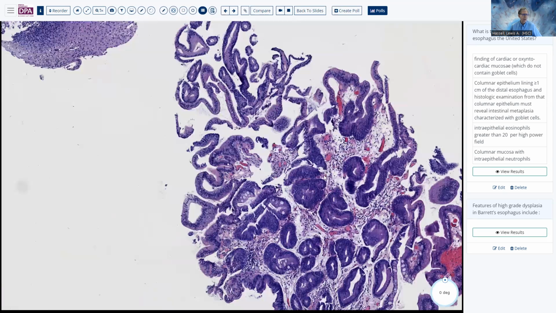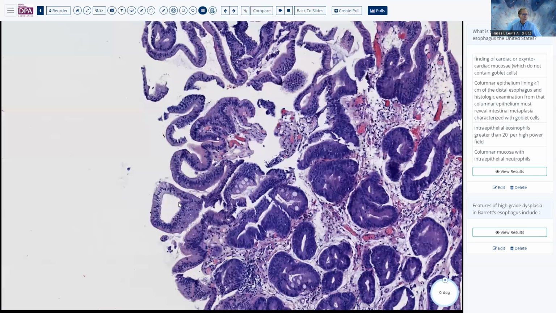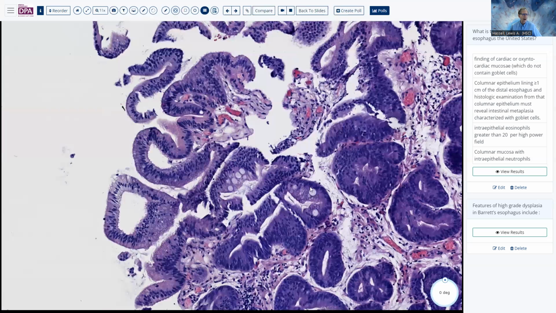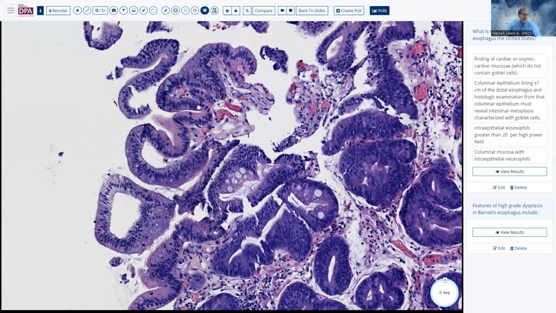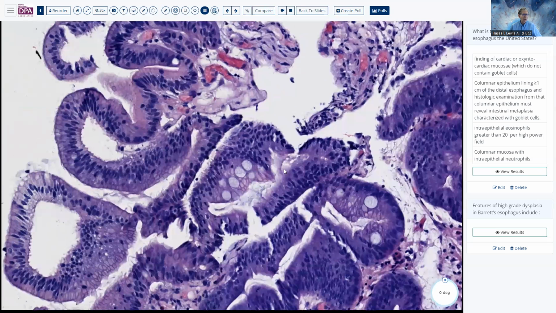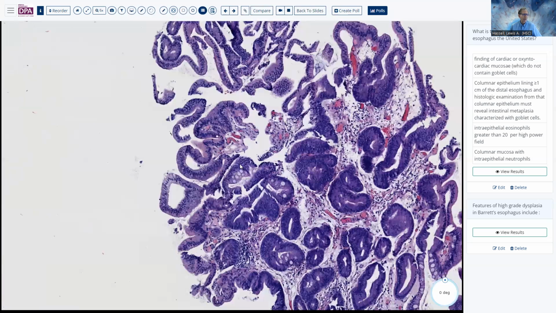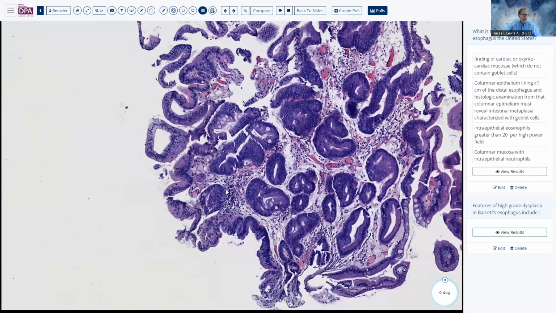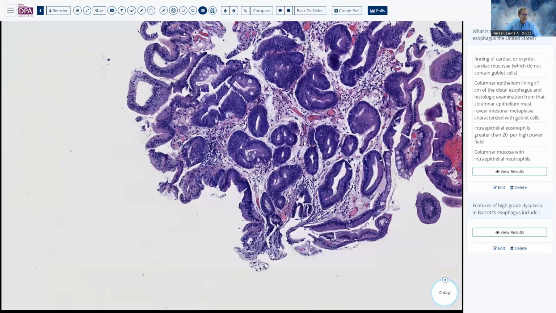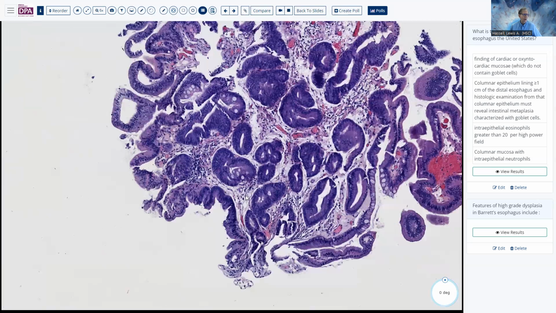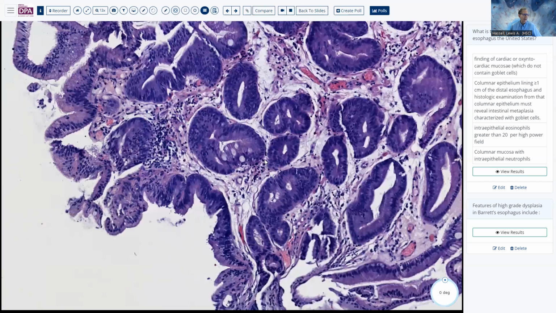And in fact, in this case, we have this area down here where you see very nicely that we have these dilated, rounded spaces compressing the adjacent cytoplasm, and the mucin has a slightly blue hue, which is quite characteristic for goblet cells. So once we've established that there is intestinal metaplasia present, and even sometimes before that, we want to decide whether or not we have dysplasia.